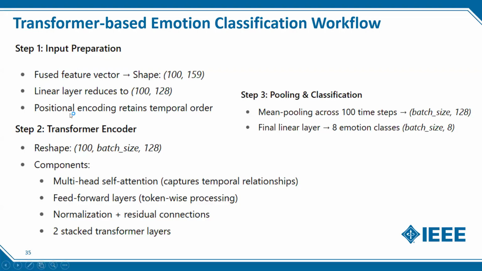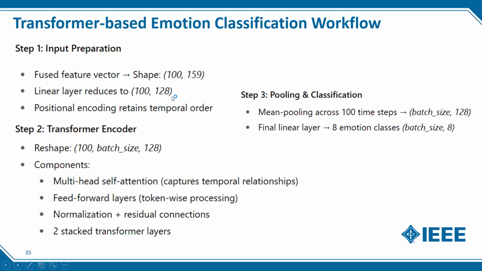Positional encoding retains the temporal order. In the sense, we add information about sequence order, because transformers don't inherently know the time order. So in order to give information about the sequence order, positional encoding was performed after the dimensionality reduction.